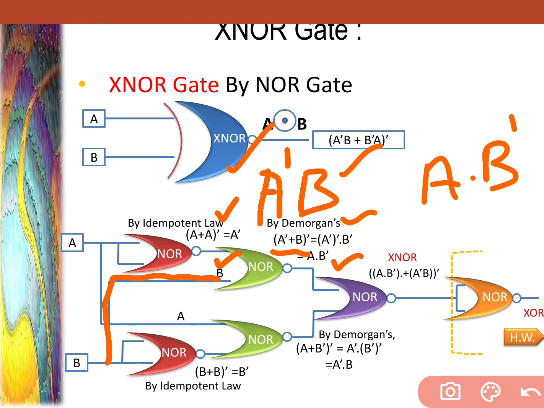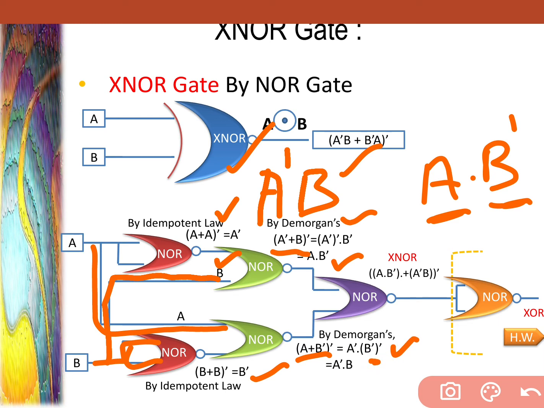Then what we have to do? The same thing again we are going to do. See, I am going to create B dash with normal A. See, normal A. Then we are getting A plus B dash whole dash. By applying De Morgan's law, we are having A dash dot B dash whole dash.